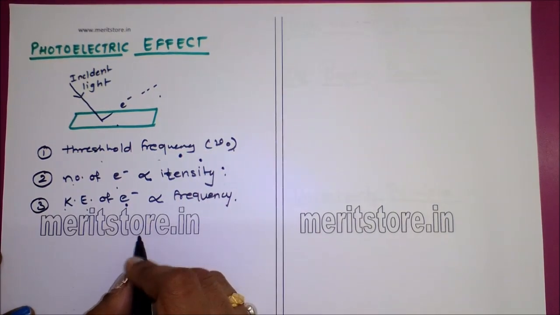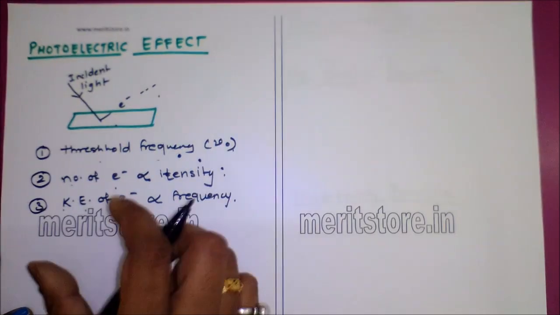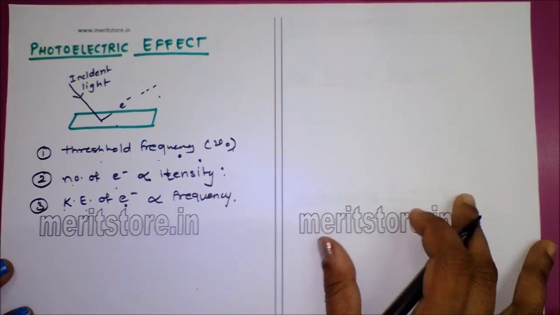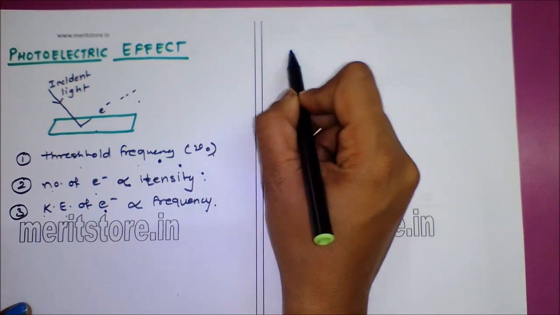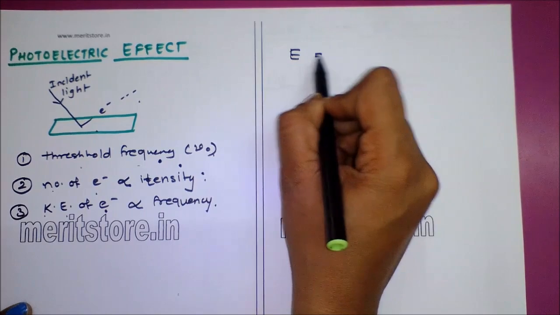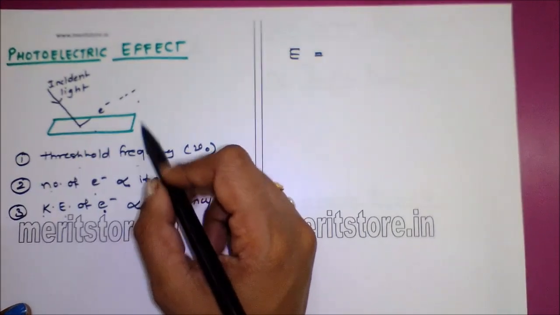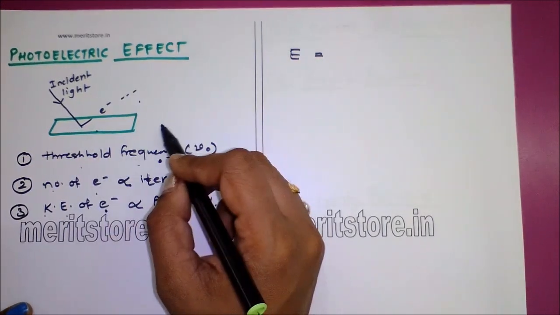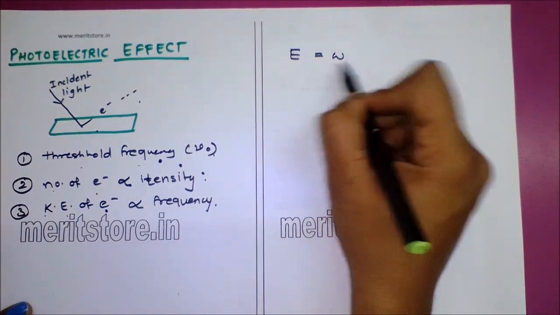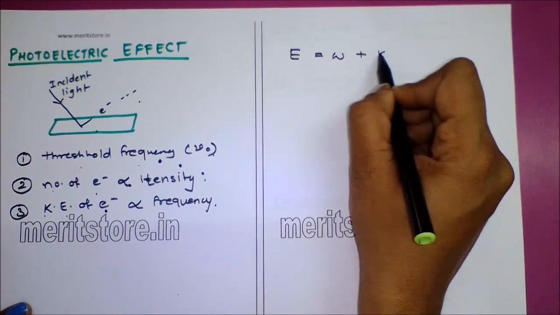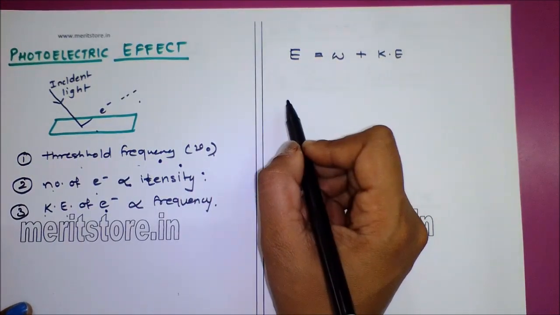Now in the case of the photoelectric effect, the mathematical concept has been given by Einstein. According to Einstein, if light of energy E falls on the metal surface, this energy is divided into two parts. The first one is the work done for the ejection of electron, and the second is giving kinetic energy to the ejected electron.